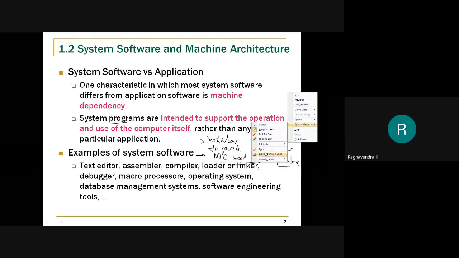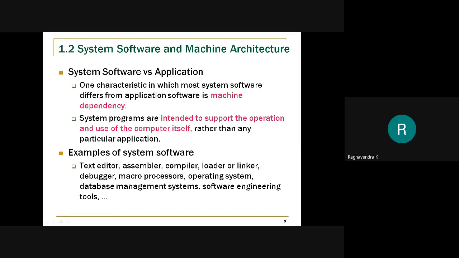We have already discussed the different types of system software that we might deal with. As I mentioned, text editor is one system software, as are assembler, compiler, loader and linker, debugger, and macro processor. Even operating system can be called a system software, but this itself is a broad category, and the support provided by the operating system is somewhat different from the other system software that we are going to talk about.